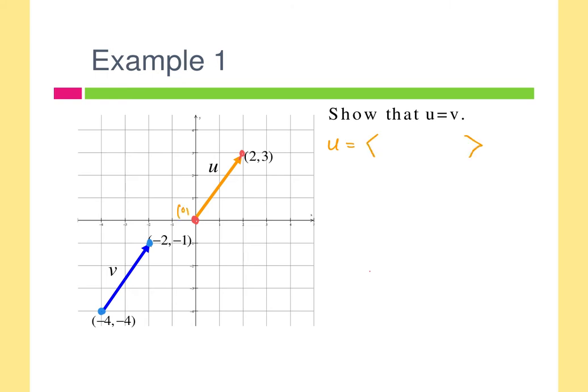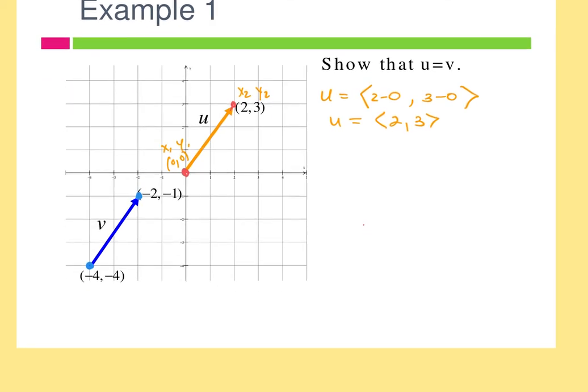So if this is 0, 0, this is my terminal point. This is my x2, y2, and this is my x1, y1. And that's important because your sign's going to change. For magnitude, it won't, but for component form, it would. So this would be 2 minus 0, comma 3 minus 0. So this is 2, 3. That's my component form. Change in x is 2, change in y is 3.